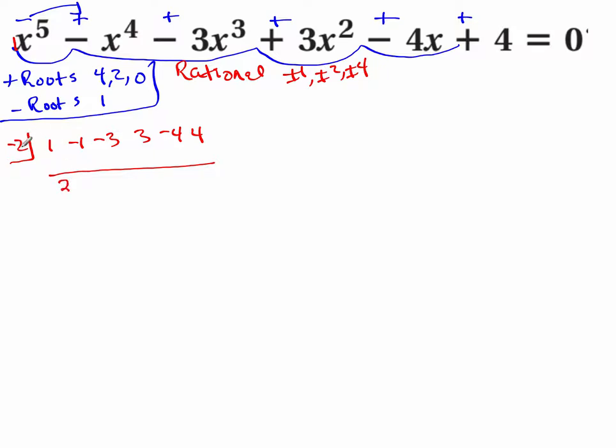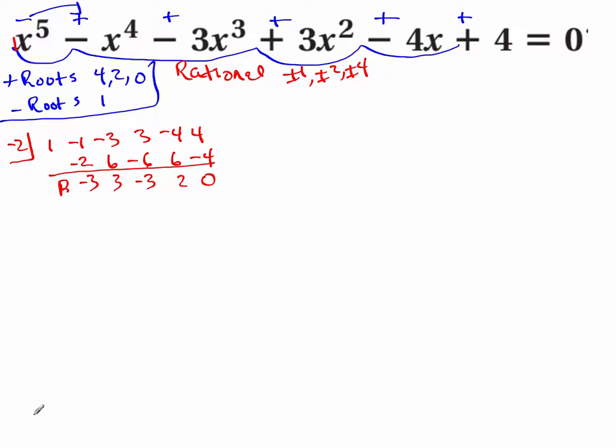Bring down the 1. 1 times negative 2 is negative 2, negative 3, positive 6, 3, negative 6, negative 3, 6, 2, negative 4. Oh, yes. So negative 2 is a root.